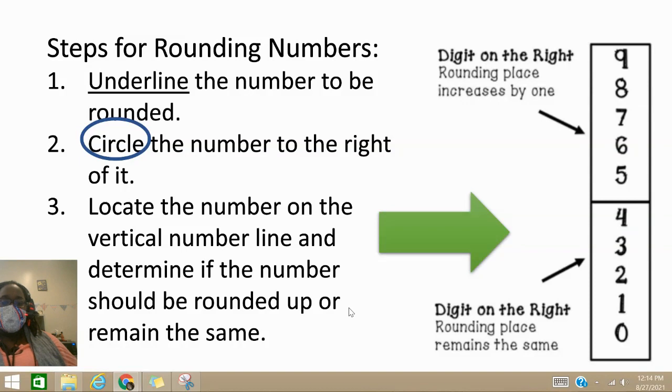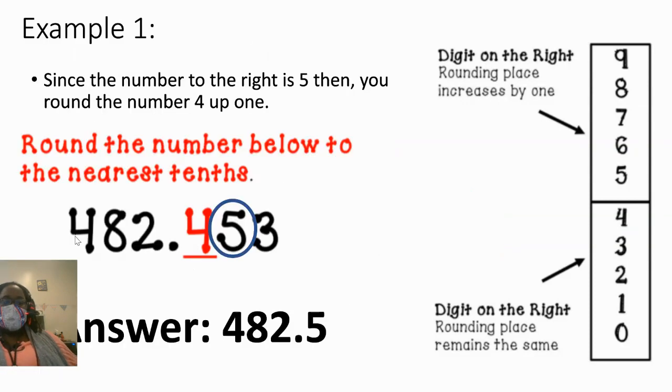Now let's take a look at some of these examples. Example number 1, it's asking you to round the number below to the nearest 10th place. So we have 482.453. The 4, which is the 10th place, is the number that's underlined. That's step 1. Step 2 says now circle the number to the right, which is the 100th place, which is this 5.